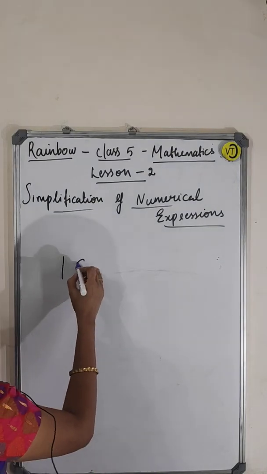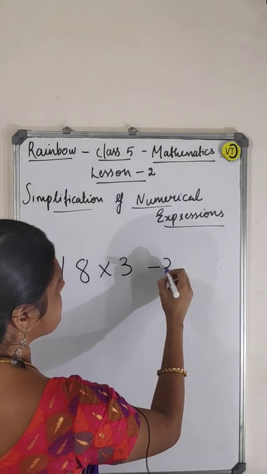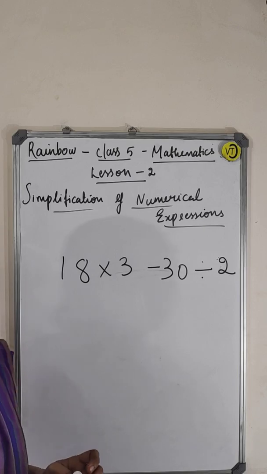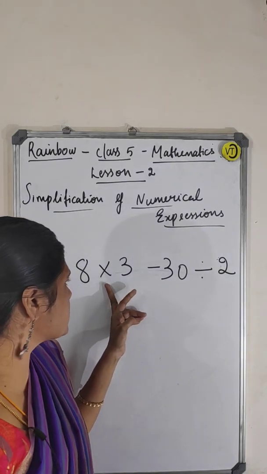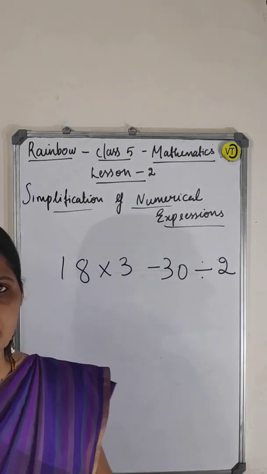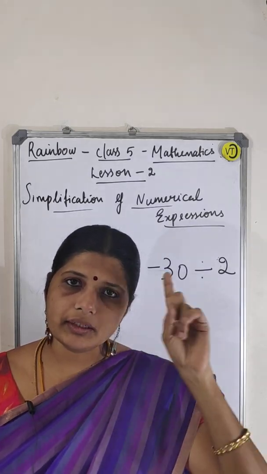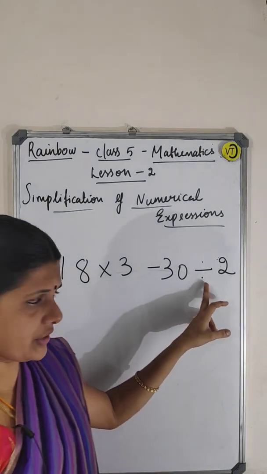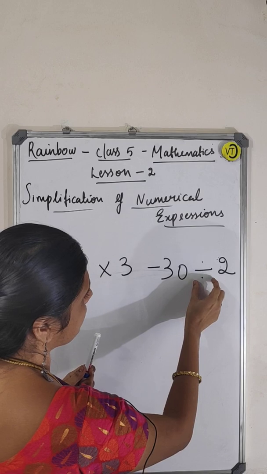Now I am going to give 18 into 3 minus 30 divided by 2. Here there are more than two operations, right? Multiplication is there, subtraction is there, and division is also there. What I told you, the DMAS rule: division, then multiplication, addition, subtraction. Here first division. 30 divided by 2.